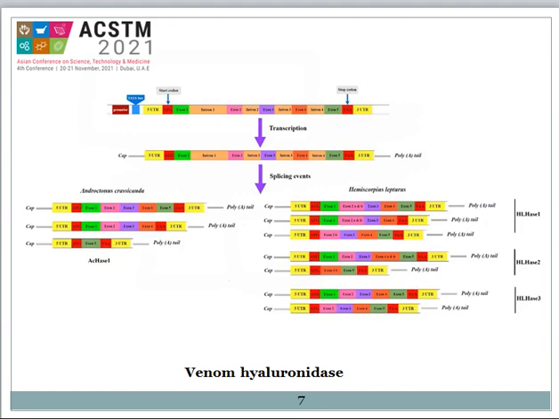This picture shows the alternative splicing events of scorpion hyaluronidase.